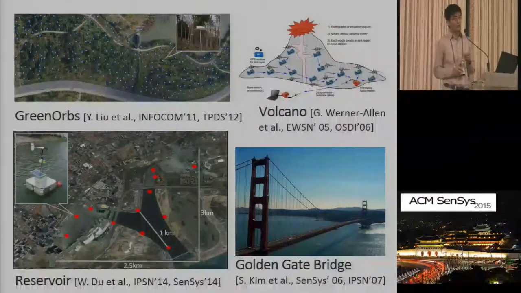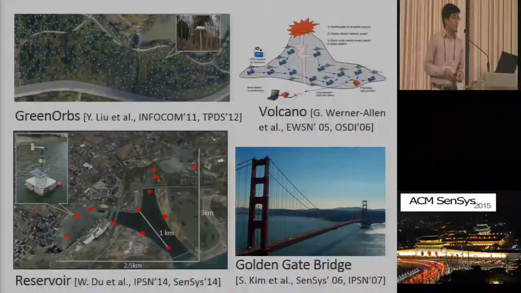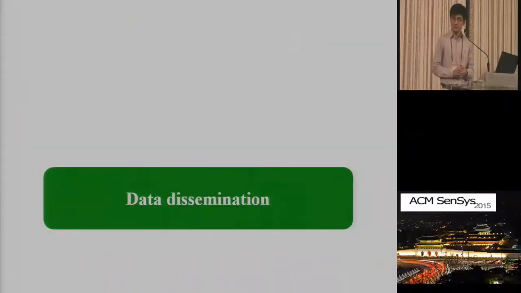For example, we may want to change the code of every node, or we may want to modify the application profiles of every node. So we need a wireless data dissemination protocol. With this protocol, we can deliver the data from one source node to every node in the network with wireless transmissions.